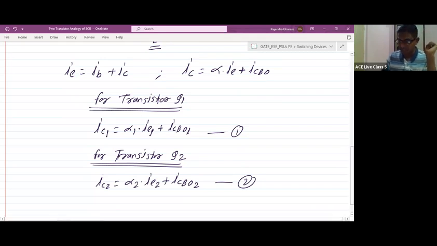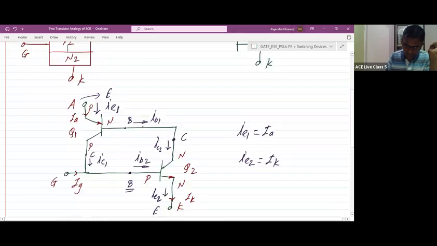Now you can check here. We know IE1 is equal to IB1 plus IC1, and IB1 is equal to IC2, because whatever current is here, the same current will be flowing here.